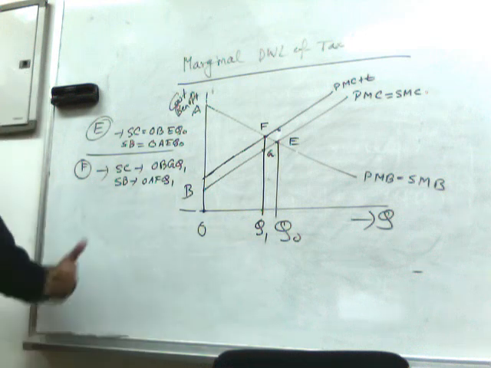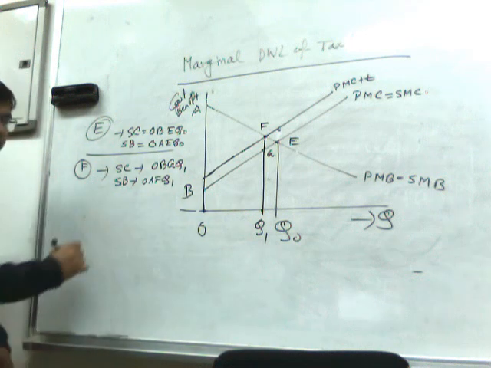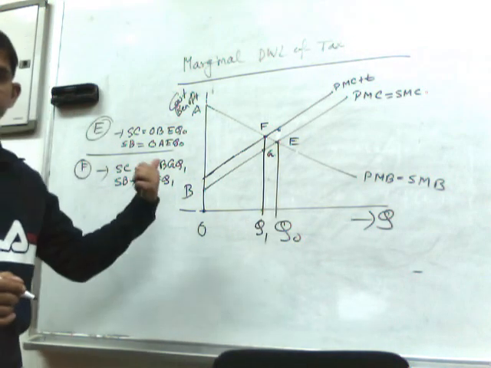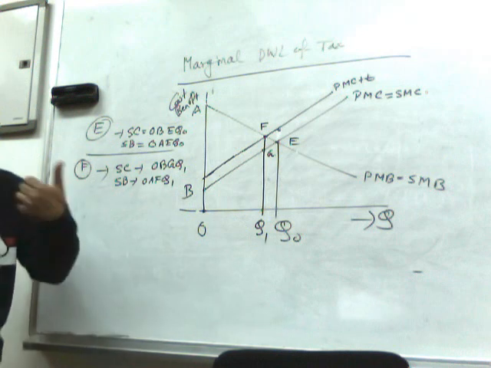So now what will be the deadweight loss? First we have to find out, due to moving from the optimal to the suboptimal point, what is the decline in social cost and what is the decline in social benefit.